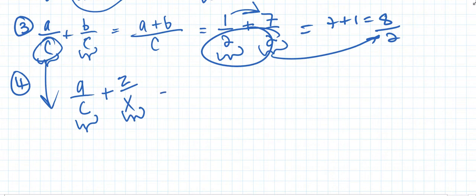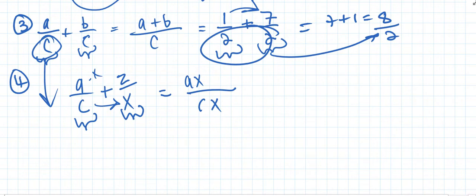Okay, so to make them common, you multiply them together. Okay, you have to multiply c by x, right? So then you multiply the top by x as well. You get ax. Right? And z you multiply by c, okay, plus cz.